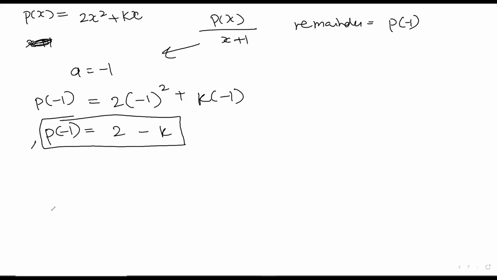Now, just take a look at the question again. So over here, we know that p of -1 is 2 minus k, but we don't know the remainder. Do we know the remainder? We need to find out the value of k, right? The question is asking us what is the value of k. So for that, we need to know the remainder. So let me just show you the question again.